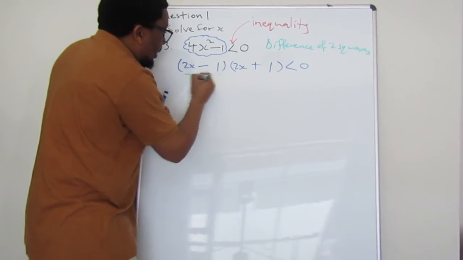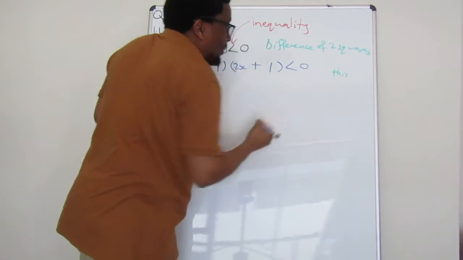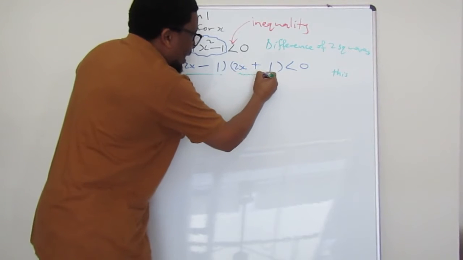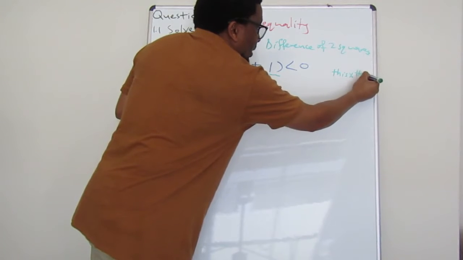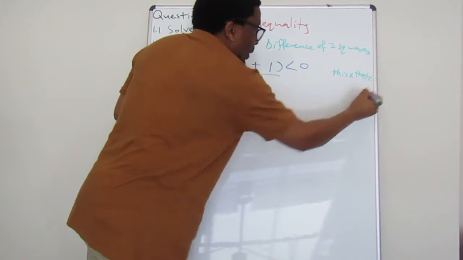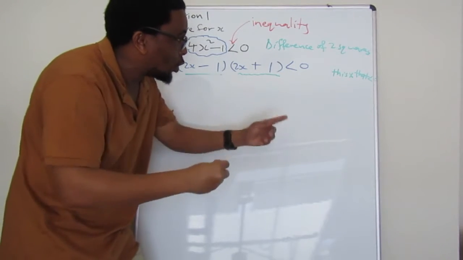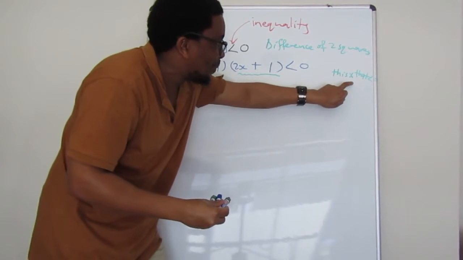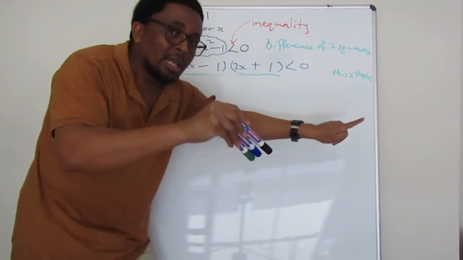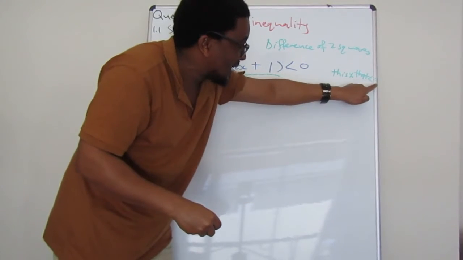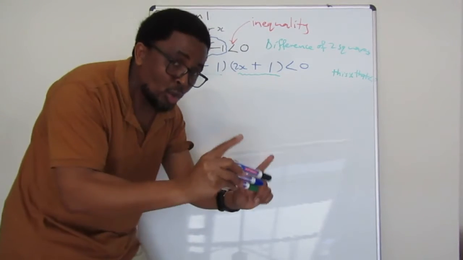If I take the first bracket, it's this, then the second bracket, this multiplied by that, which is less than 0. So this multiplied by that should give me a value that's less than 0, meaning a negative value, and never a positive value. You note that.